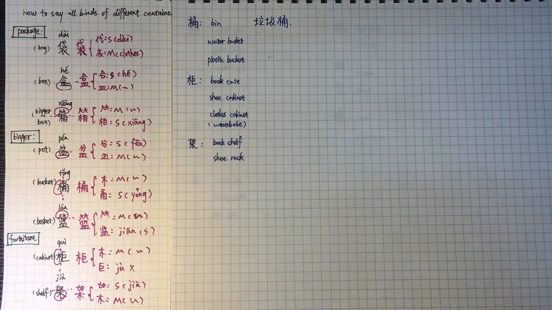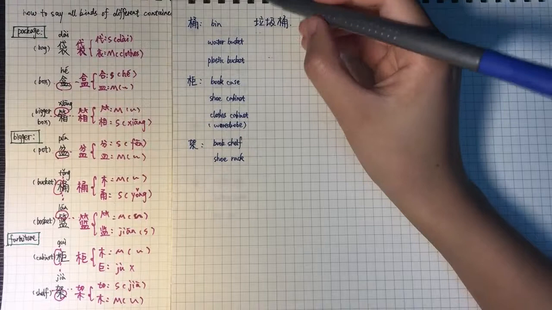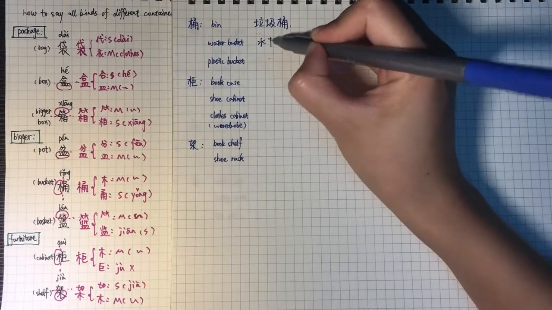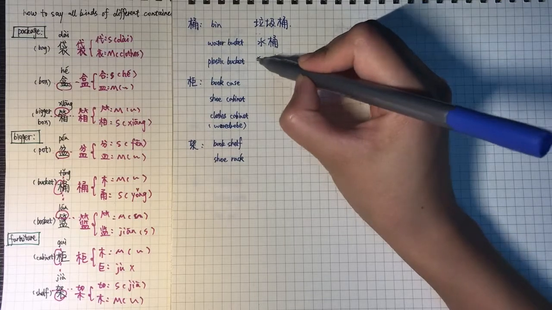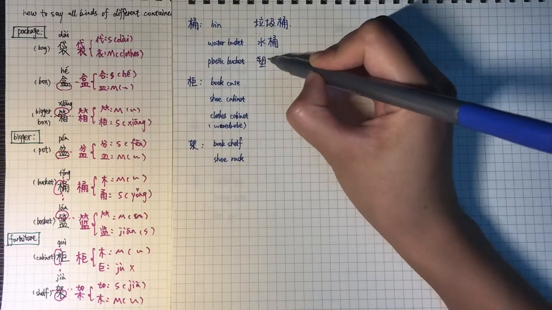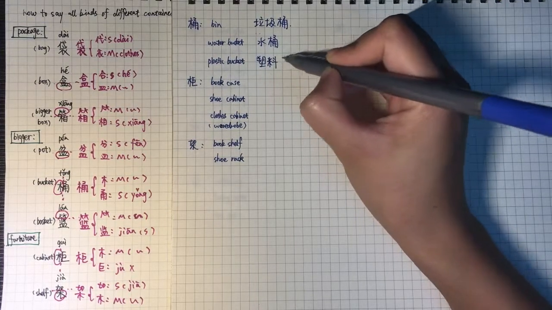Remember how to say bin bag? 垃圾袋, yes. Water bucket, 水桶. Plastic bucket, 塑料桶.